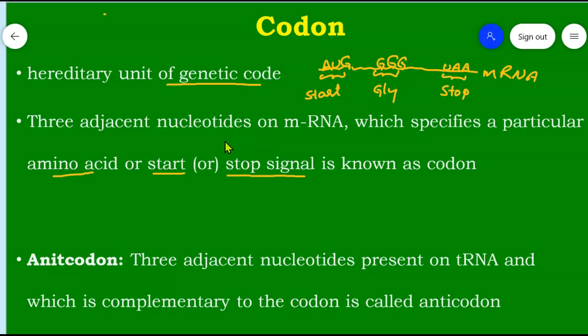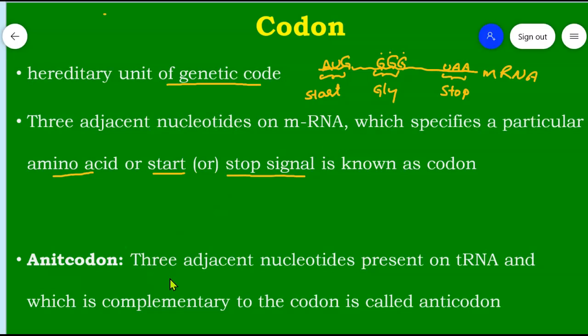So the genetic code is nothing but three adjacent bases on the mRNA strand which specifies a particular amino acid, start codon or stop signal required for the translation process. Remember, the sequence is three adjacent nitrogen bases side by side.